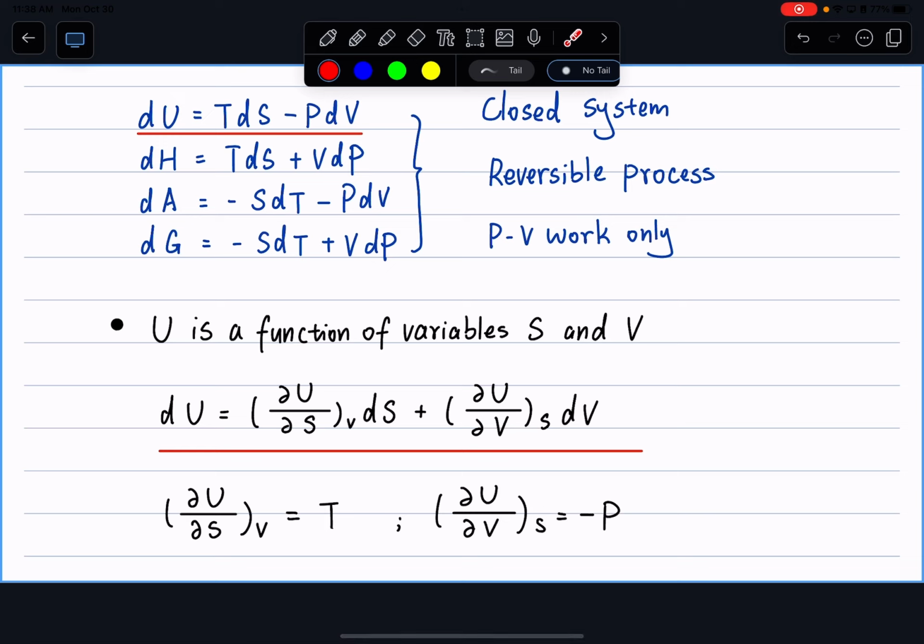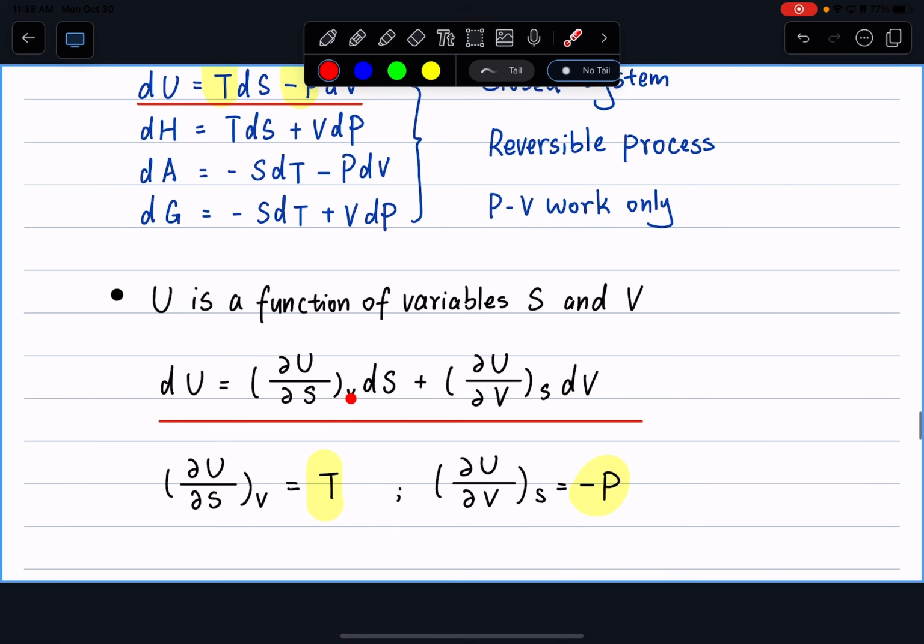Then, looking at these equations, we also have a relationship with your TdS and P. The partial derivative of your internal energy U over S at constant V is actually the same as your temperature.